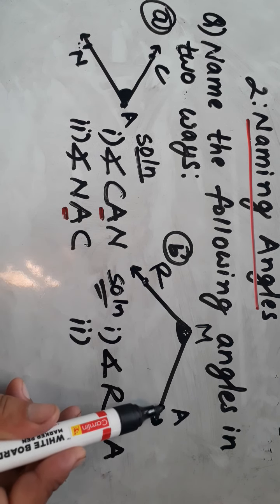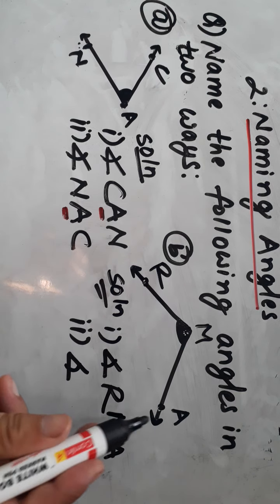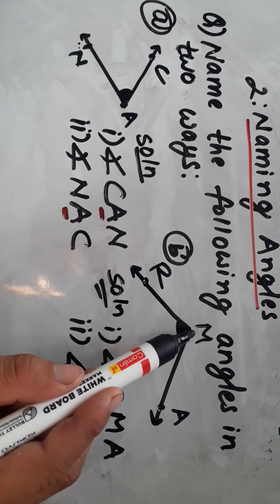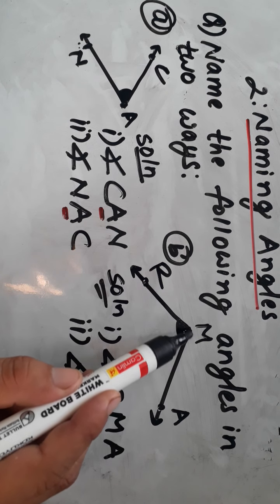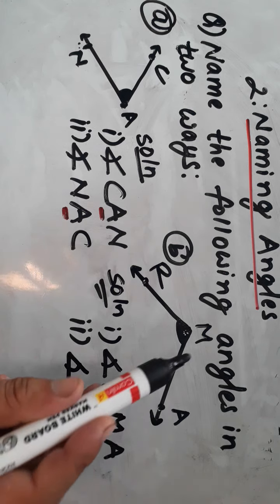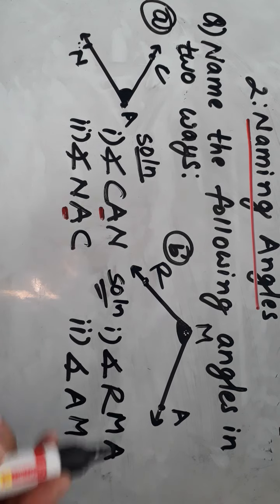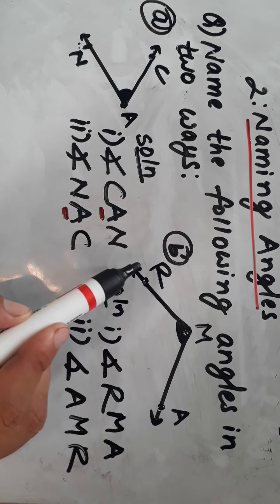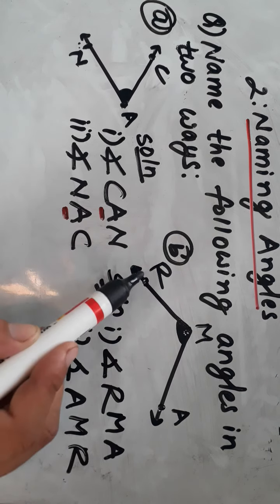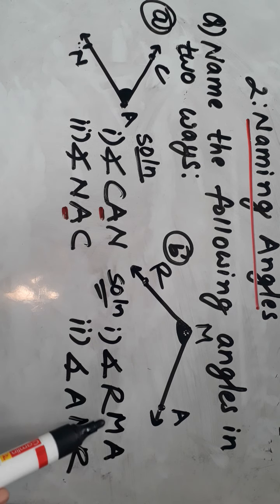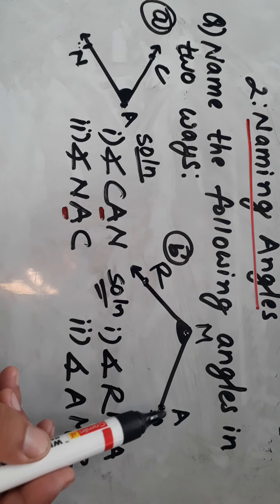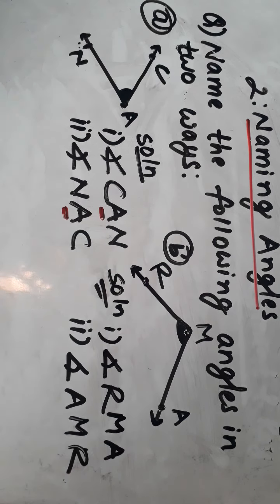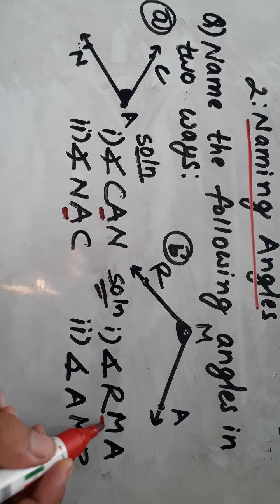Angle A, now the vertex is M, so the vertex must lie in the middle, A M R. One way is angle R M A, another way is angle A M R. Your vertex is M, so again vertex M lies in the middle.